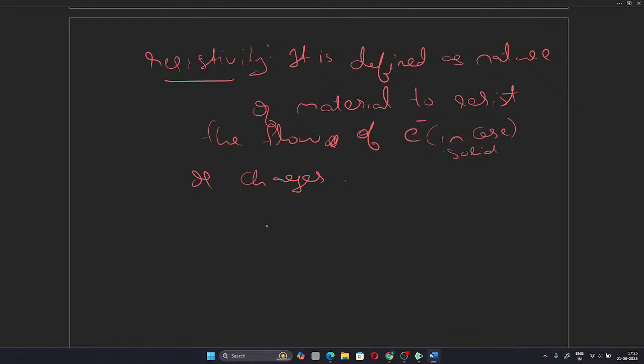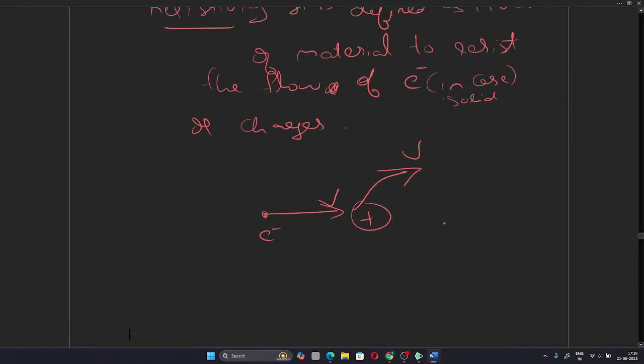Resistivity or resistance is due to this: when an electron is moving in this direction, if there is a positive nucleus, it needs to change direction. These continuous collisions are what cause resistivity.